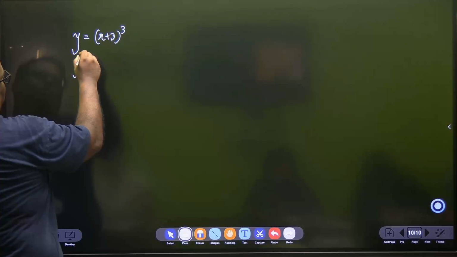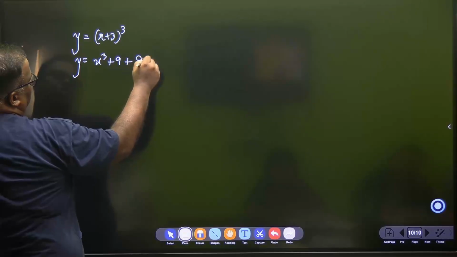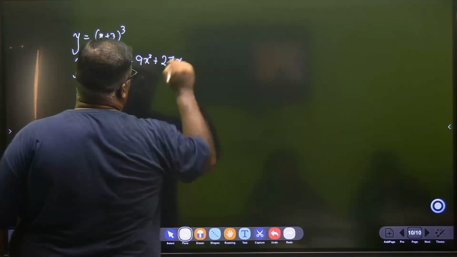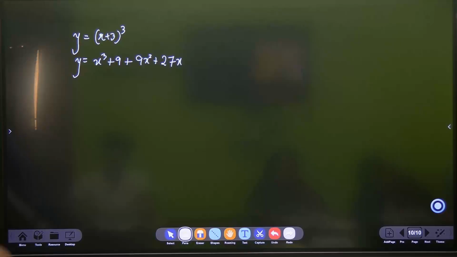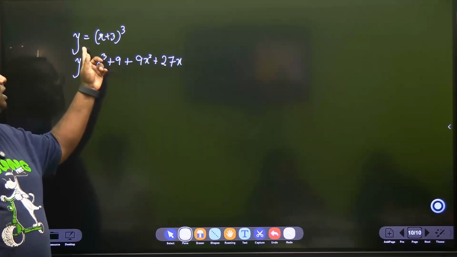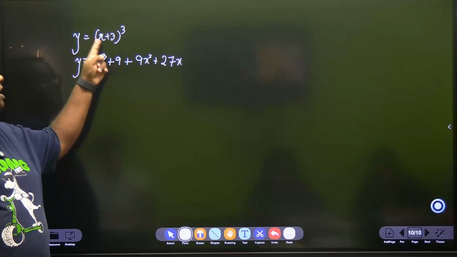So y can be written as x cube plus 9x square plus 27x plus 27, using a cube plus b cube plus 3a square b plus 3ab square.